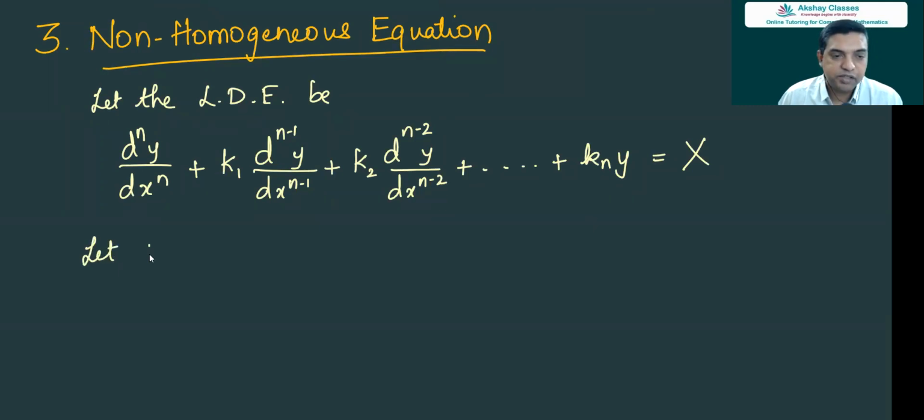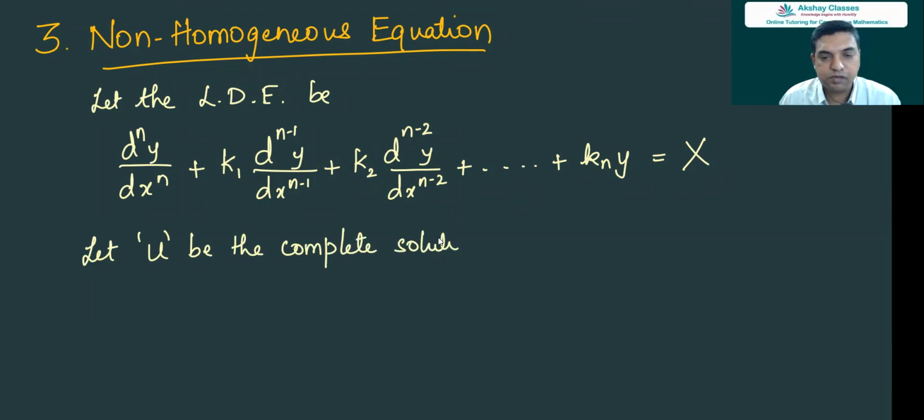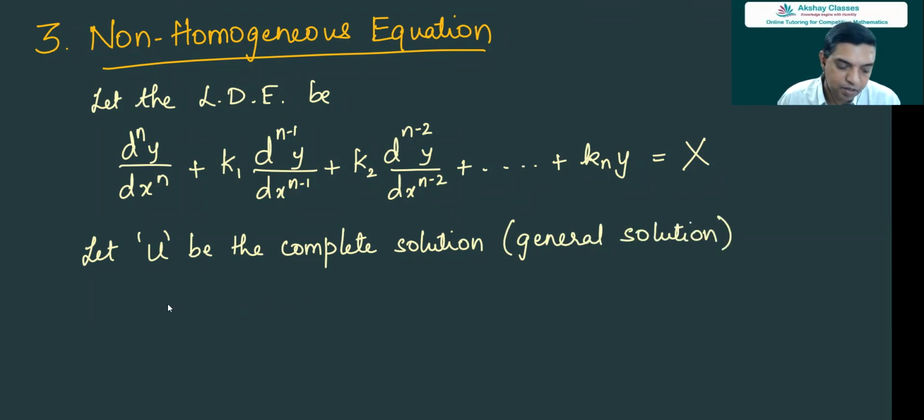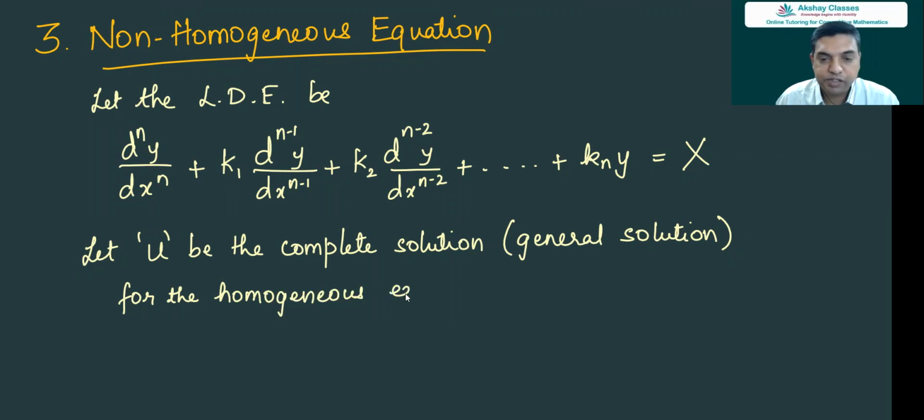So let u be the complete solution. Complete solution means the general solution for the homogeneous equation, by setting x equal to 0.